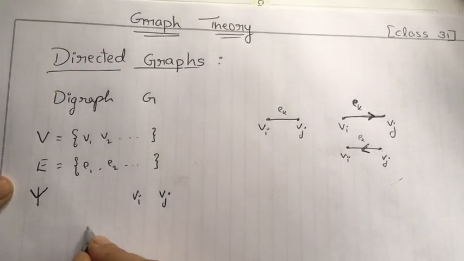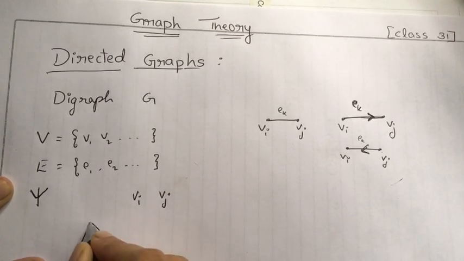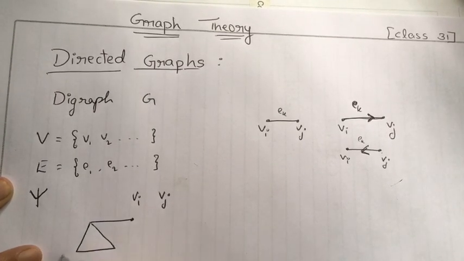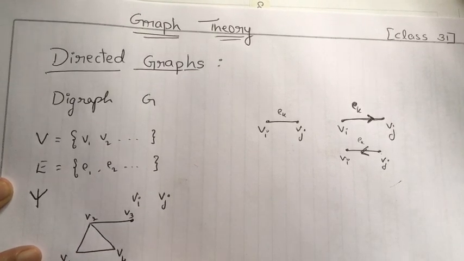For example, if this is my graph, say V1, V2, V3, V4.